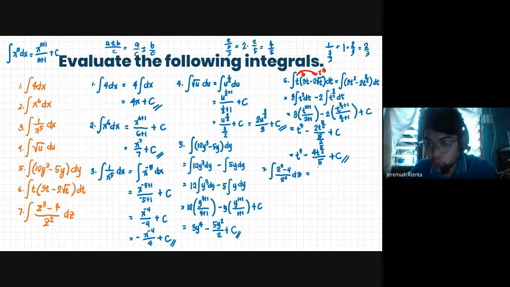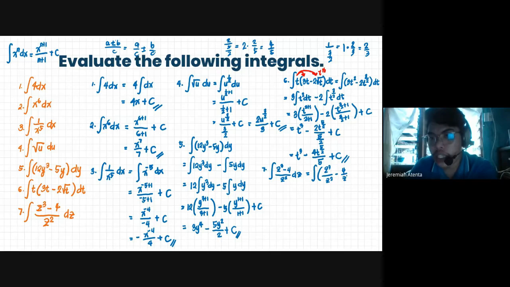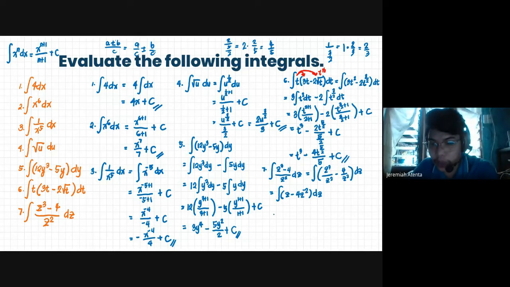So therefore, this will now be equal to the integral of z cube over z squared minus 4 over z squared dz, right? And this is now equal to the integral of z cube over z squared is just z minus 4 over z squared is 4z to the negative 2, right? So that we can apply the second theorem.